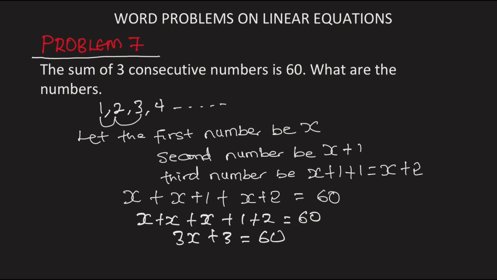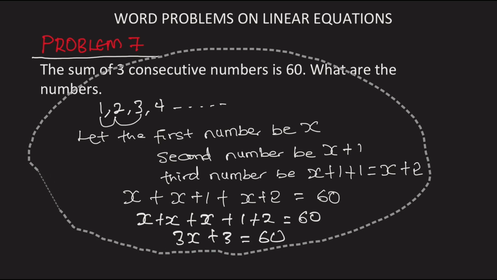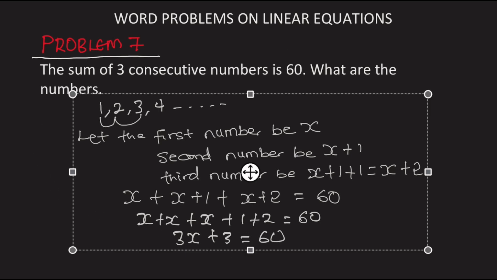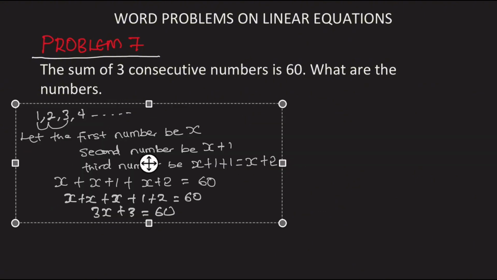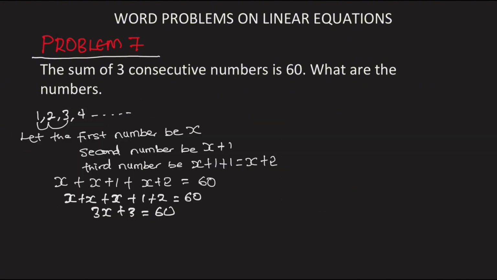So we have 3x plus 3 is equal to 60. From here we can subtract 3 from both sides, leaving 3x alone.